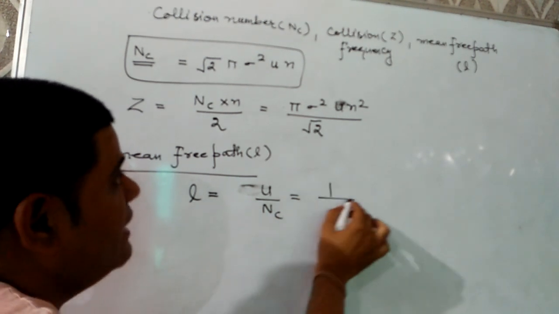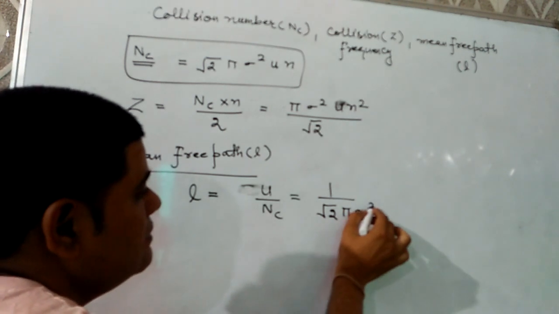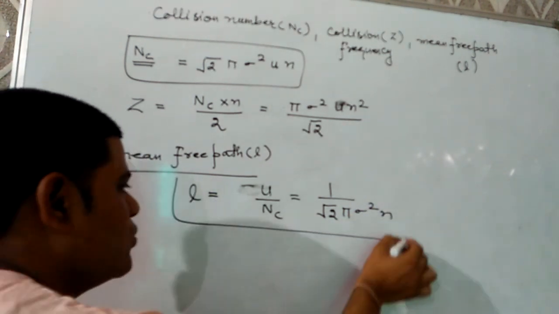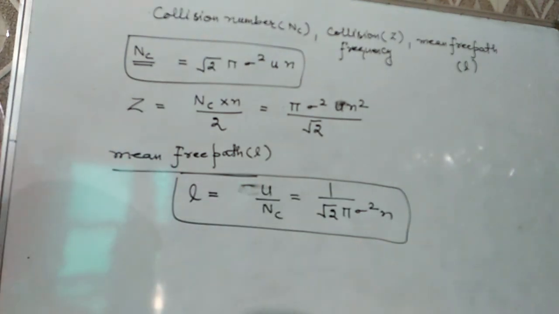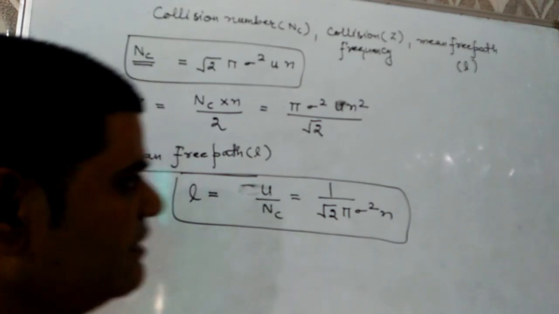So its value will be 1 upon root 2 pi sigma square N. These can all be asked in your objective exams, their formulas will be there, and there might be numericals.